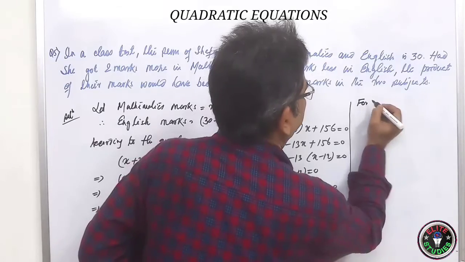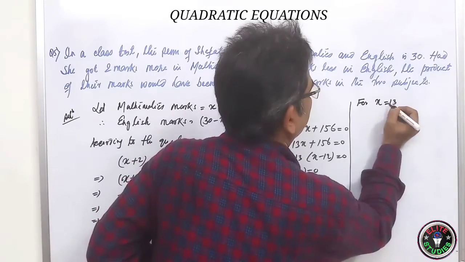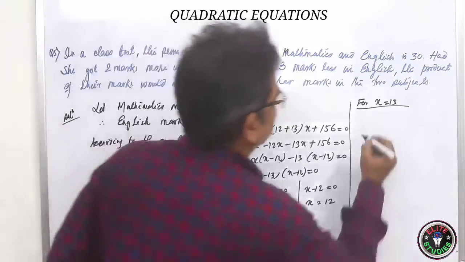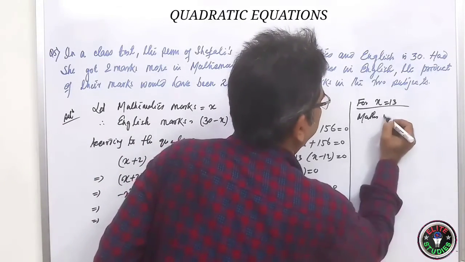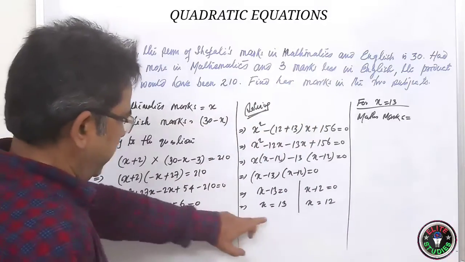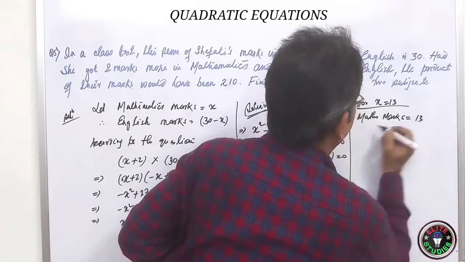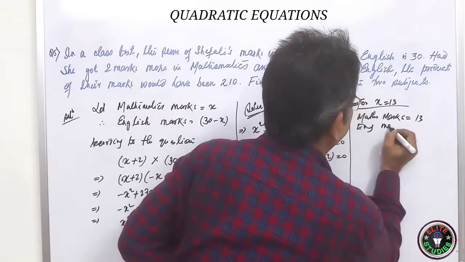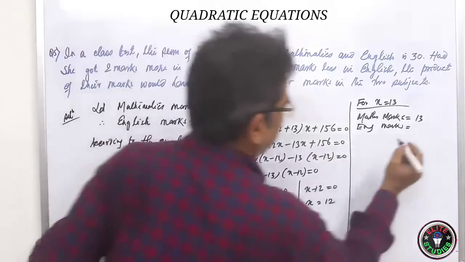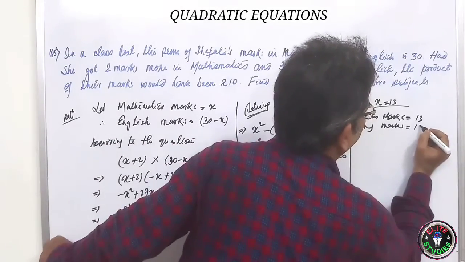For x is equal to 13, maths marks will be equal to x, means 13, and English marks will be equal to 30 minus 13, means it will be 17.